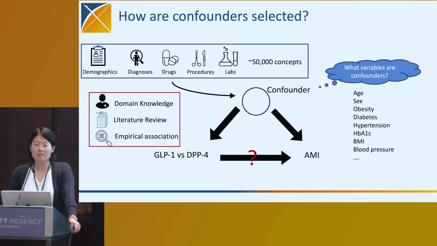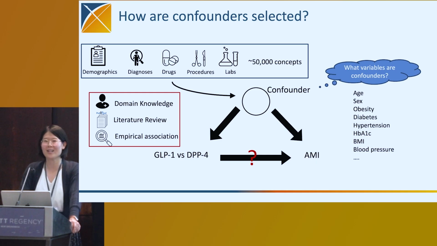But as you can see, or if you have done observational studies, this is not surprising to you. And you can probably see a lot of problems with this approach. It's not very systematic, right? If you want to run a study across 10 federated databases, it's challenging, because clinicians from different universities can disagree on what variables are confounders, or their data may be mapped through ETL slightly differently from yours.